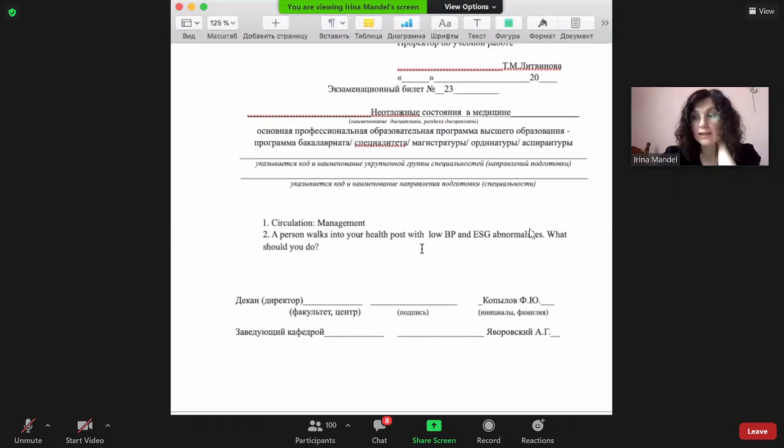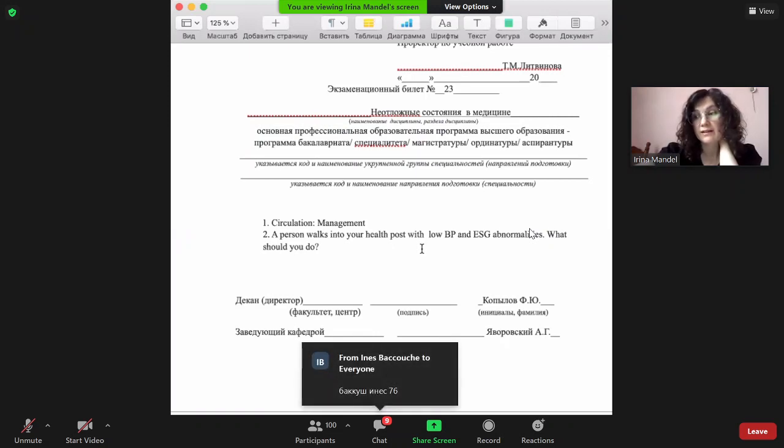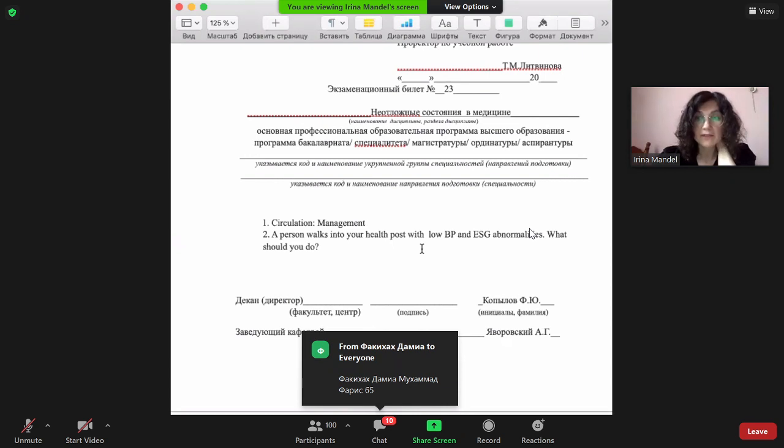Nevertheless, in all cases, we should provide the angiography, but it could be not immediately. But if you see this ST segment elevation and you suspect the myocardial infarction, you should immediately go to the angiography.